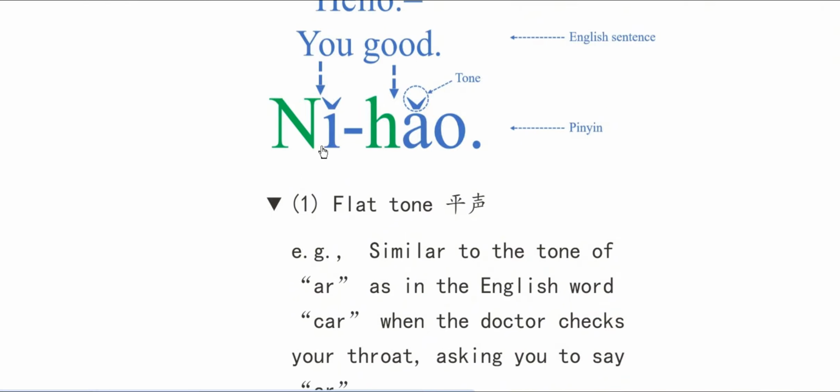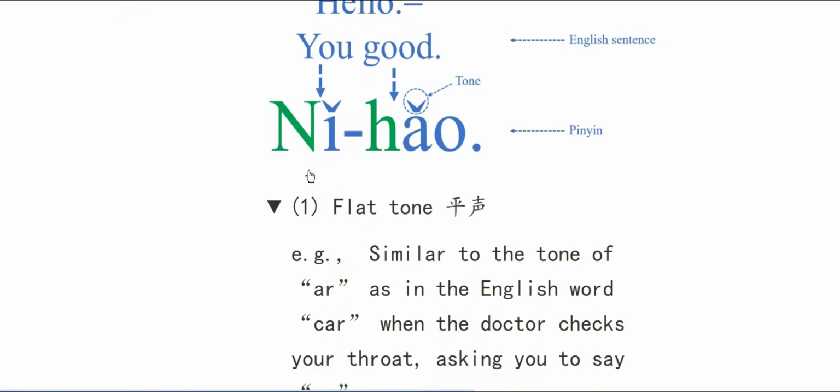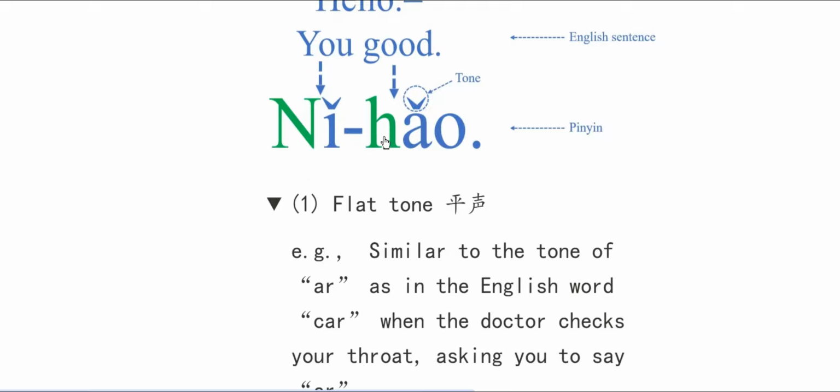Before adding the tone, it will be ni, a very flat pronunciation, and after adding the tone, it will have a falling and rising tone. The third tone, it will be nǐ.